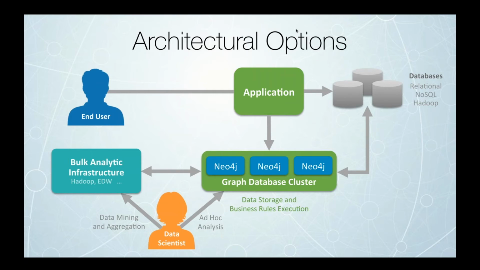So we have 3 instances of Near4J that our application is talking to. We also might have some sync data back and forth from Near4J to other databases. And then also we may be running some internal analytics or business intelligence queries directly against Near4J in addition to our application. So this is a common architectural setup for a polyglot Near4J application.